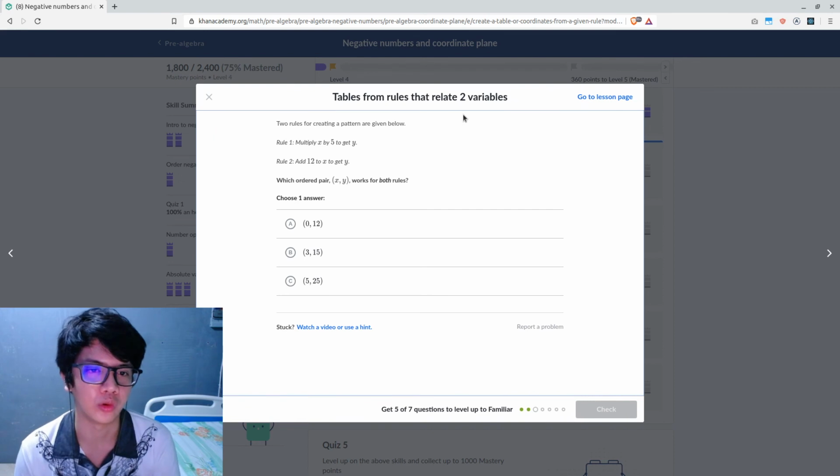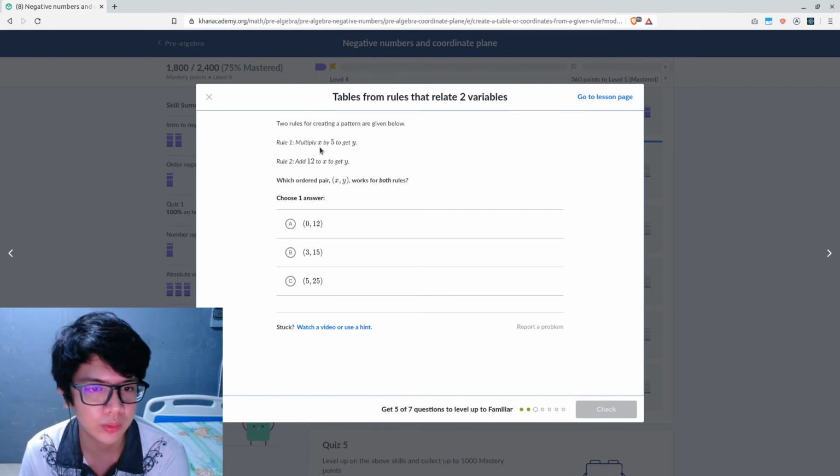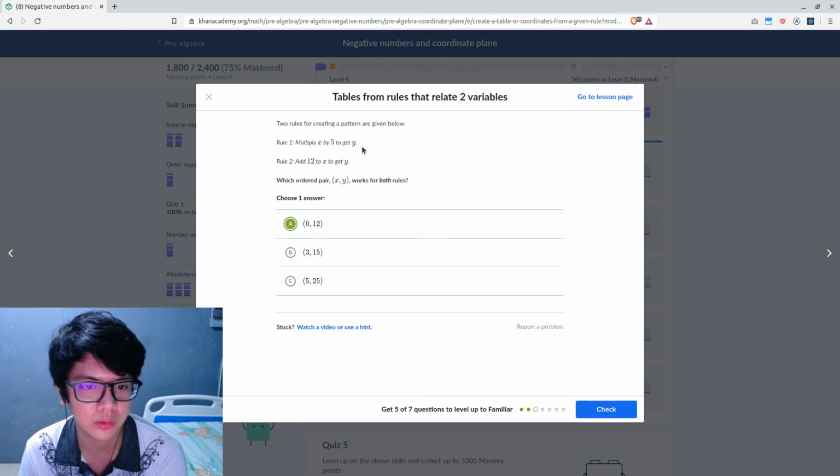For both rules. Okay. So multiply x by 5. Add 12 to get y. No. Wait, this works.